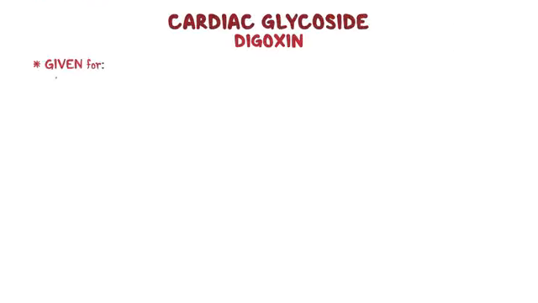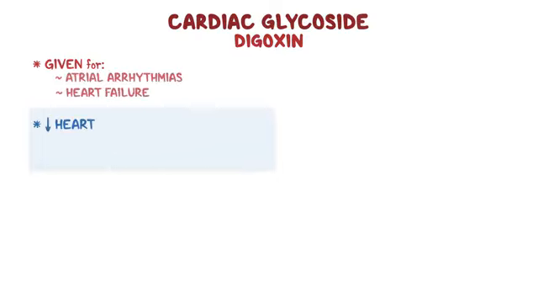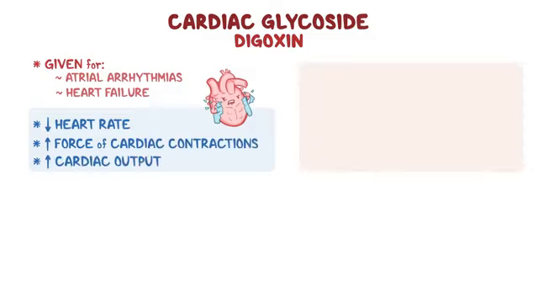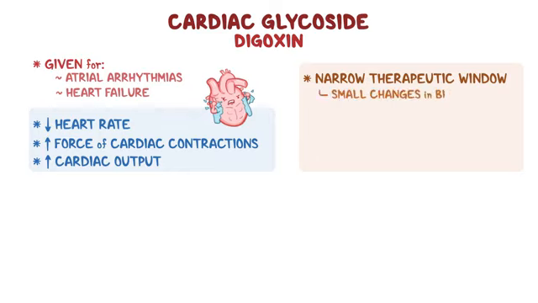All right, as a quick recap, digoxin is a cardiac glycoside that is given for atrial arrhythmias and heart failure. Digoxin slows the heart rate, increases the force of cardiac contractions, and increases cardiac output. It has a narrow therapeutic window, which means that small changes in blood levels can cause toxicity.